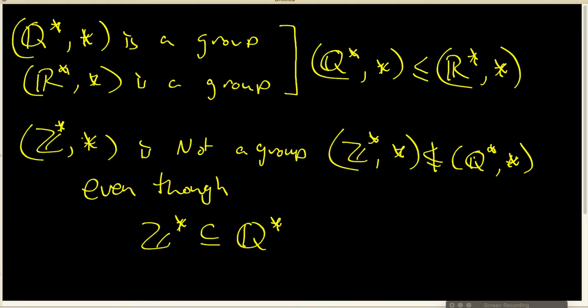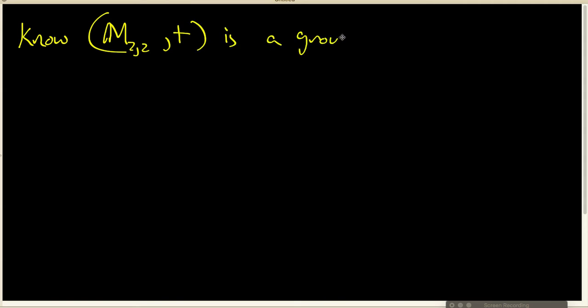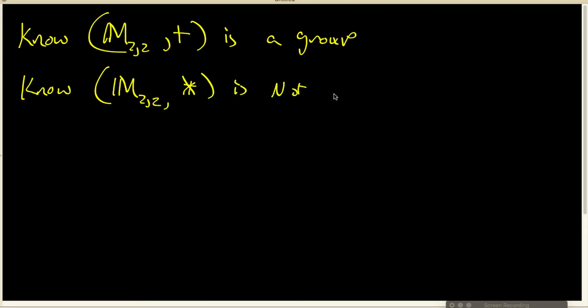There's another example that I want to look at very briefly, and these are some matrix ideas. We know that M22 under its plus is a group. We also know that M22 under its times is not a group.